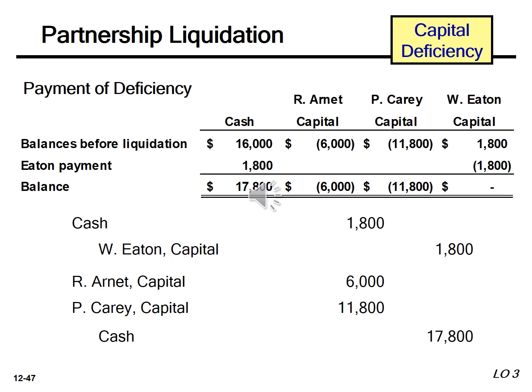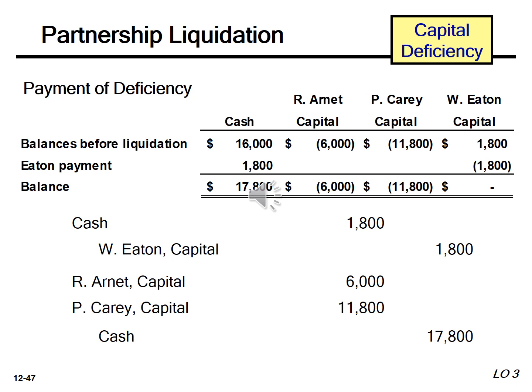But for Eaton, it's a little bit different because his capital is only 1,200 and he's going to be required to put in 1,800 more out of his own cash. So after receiving Eaton's payment of 1,800, our cash balance is going to increase to 17,800. And for now, we're going to leave Arnett and Carey's capital as they are.